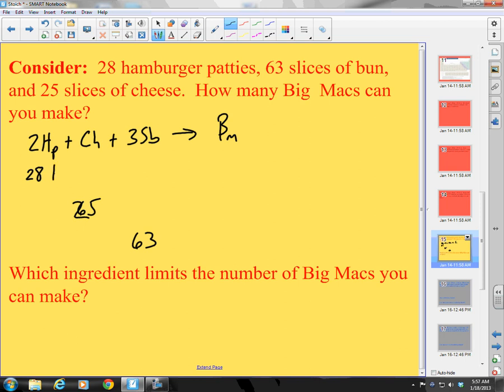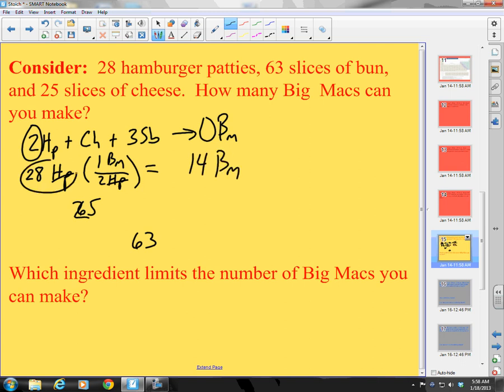If I have 28 hamburger patties, what's my ratio of hamburger patties to Big Macs? Well, I have 1 Big Mac per 2 hamburger patties. Okay, good. So my hamburger patties cancel, and what do I get? Okay, 14 Big Macs. So if I had 28 hamburger patties and lots of other stuff, the most I could make is 14 Big Macs.